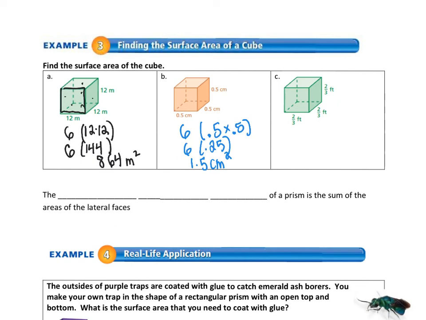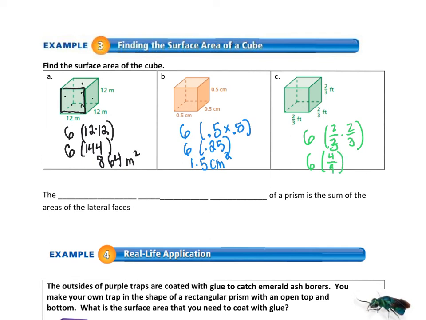And finally, 6 faces again for this cube. You know it's a cube when all the length, width, and height are all the same. And we have to multiply 2/3 by 2/3. Remember, multiplication, we do not need common denominator, so we can just multiply across, and we would get 2 times 2 is 4, and 3 times 3 is 9.